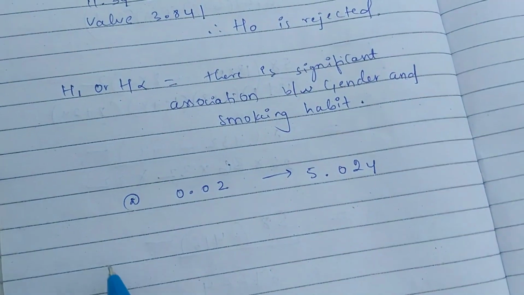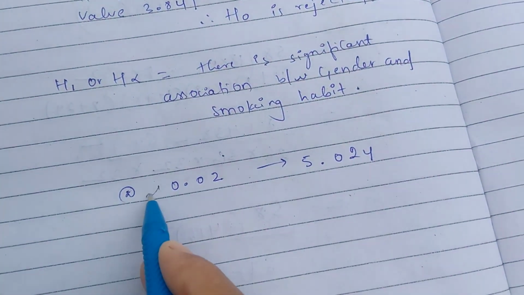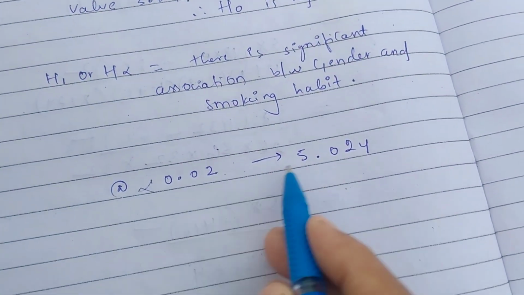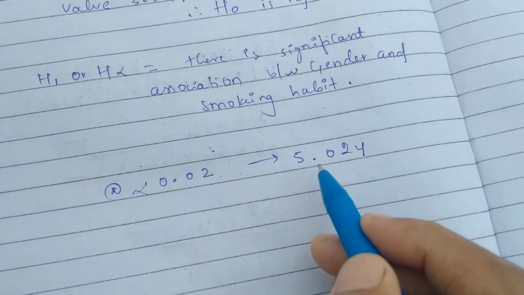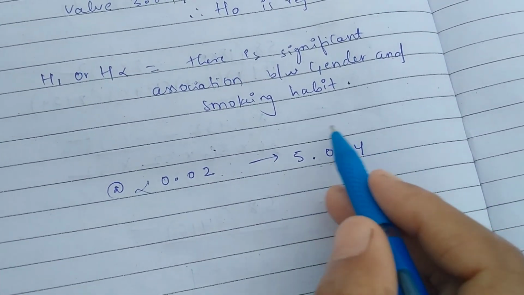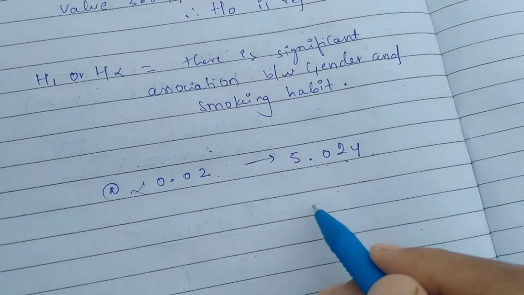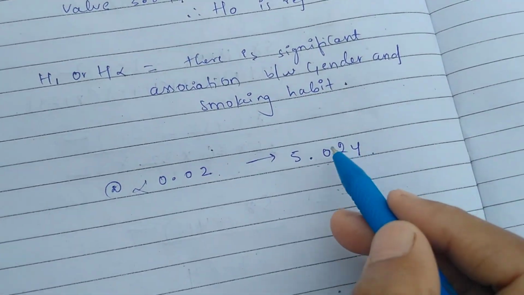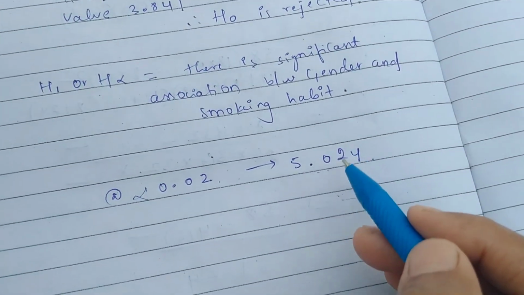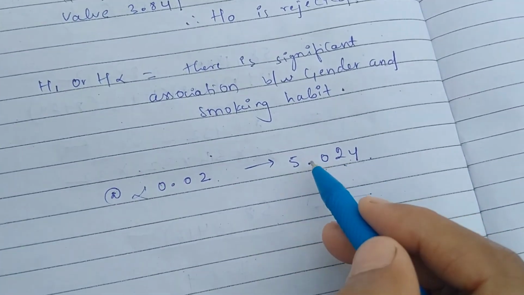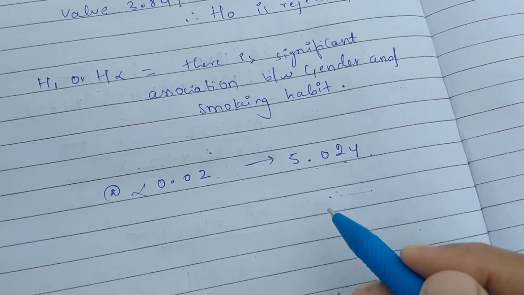So at the significance level alpha of 0.02, the table value is 5.024. You have to compare this table value with the calculated value. If the calculated value is more than this value, H naught is rejected. If the calculated value is less than this table value, H naught is going to be accepted.